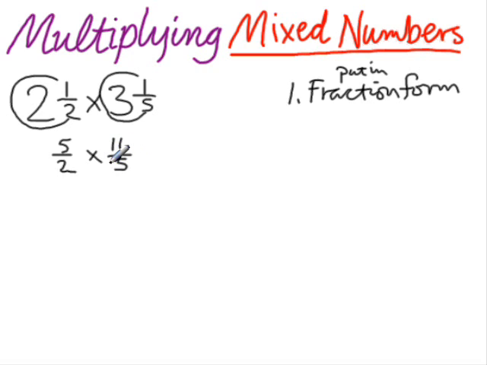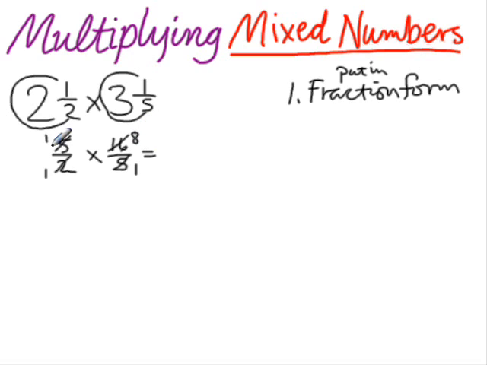16/5. Now, before we actually multiply the numerators and multiply the denominators, let's look to see if there are any common multiples here. Well, 5 and 5. 5 goes into 5 once. 5 goes into 5 once. Here we have 2 and 16. 2 goes into 2 once, and 2 goes into 16 8 times.